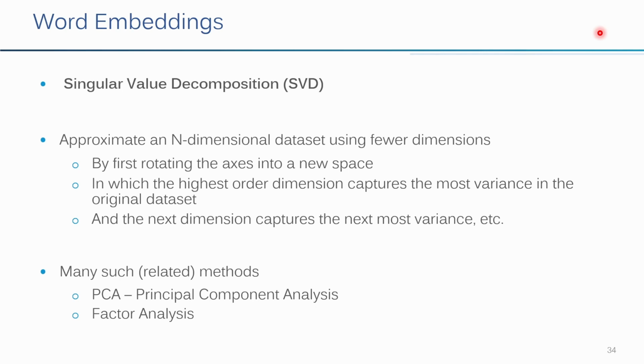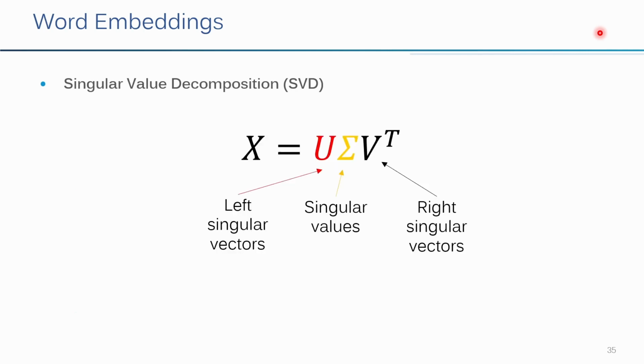On singular value decomposition, what is the idea? We approximate any high-dimensional data set using fewer dimensions. Which fewer dimensions? The ones that mean the most for us. And I can go pretty quickly over this.